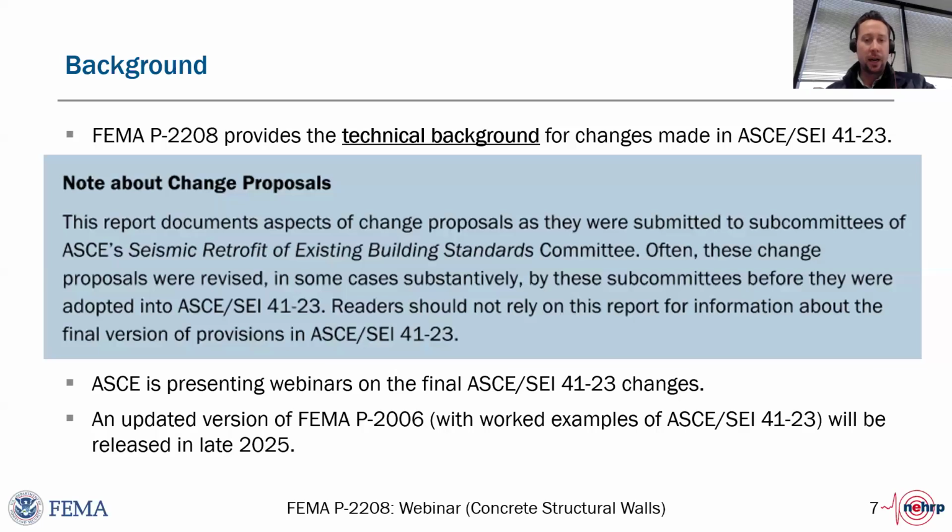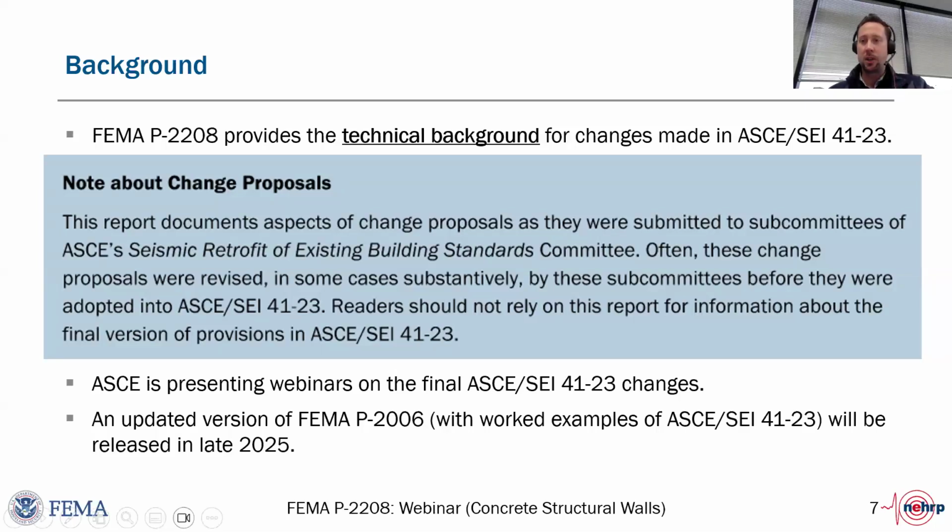I'll also note that right now there's an ongoing effort to update FEMA P-2006. So if any of you are familiar, FEMA P-2006 provided examples of ASCE 41, primarily ASCE 41-13, but then it had some commentary for ASCE 41-17 as that was being issued at about the time that was published.